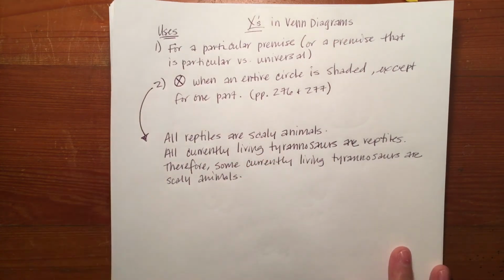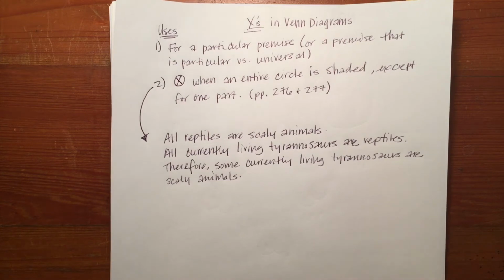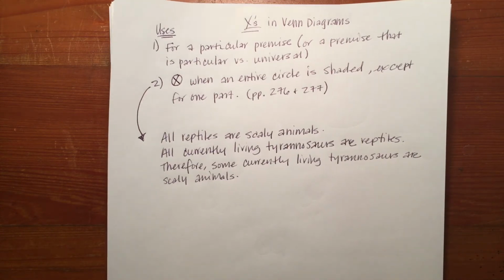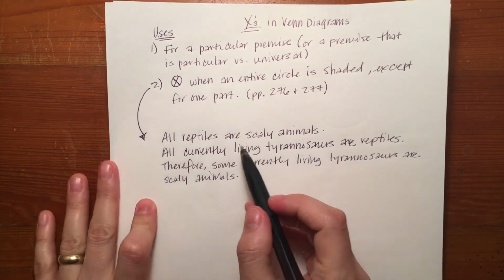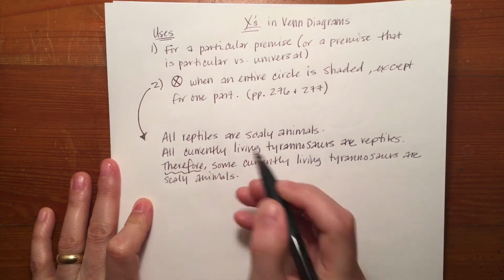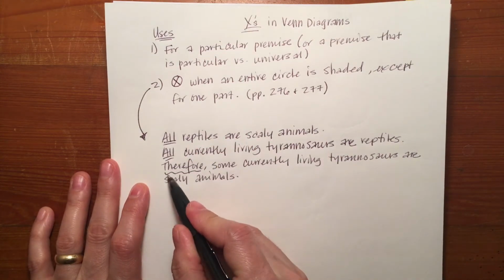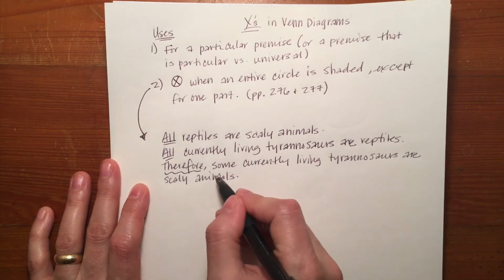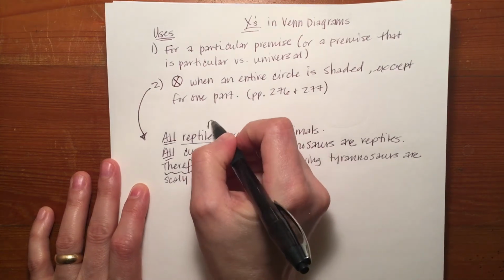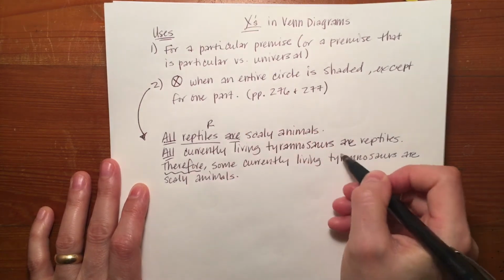Now again, I haven't shown you very many examples on these YouTube videos of arguments in which you have to determine where the conclusion is, but just remember that always. Here, it's very obvious. You've got your two premises, and then the conclusion indicator "therefore" tells you that this is the conclusion. So we'll just symbolize our terms.